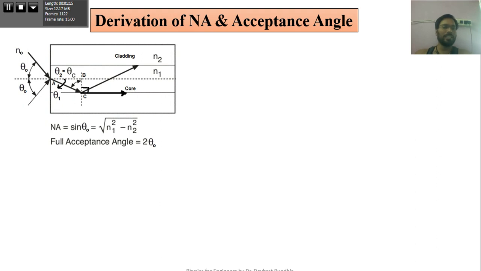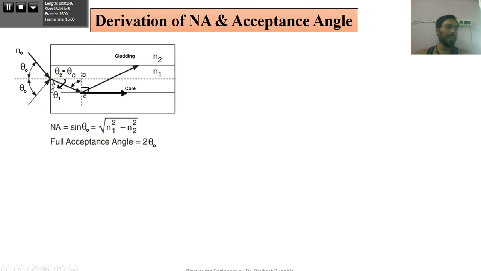Let's say light falls at an angle theta naught and is coupled to this fiber. The light is going from air to some material, so the light will refract. This angle will change and becomes, let's say, theta 1.